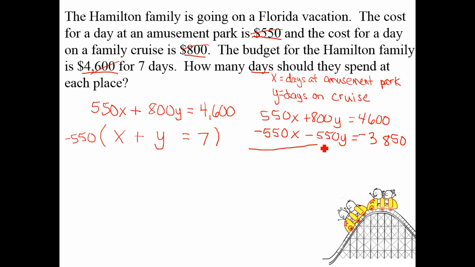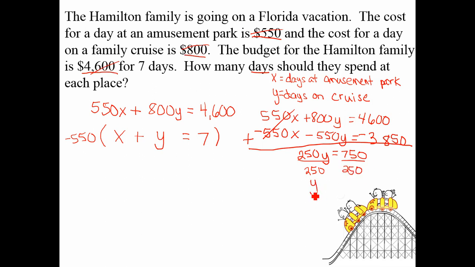Okay, so we'll add those two together. Our x's are eliminated. We'd have 800 now minus 550, because that 550 is negative, 250y. And then 4,600 minus 3,850 gives me 750 in that column. And now we'll divide by 250.